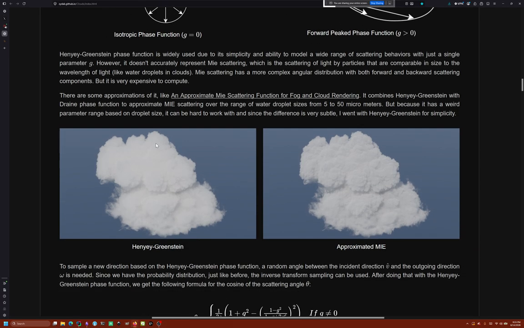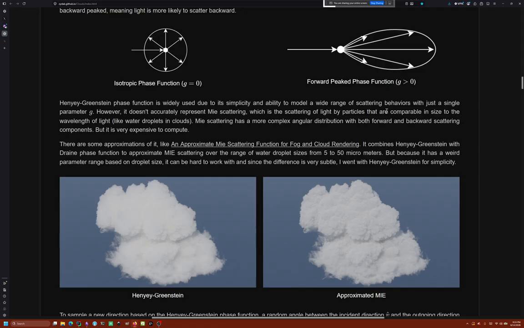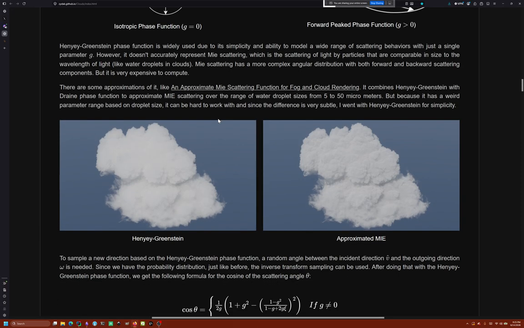The Henyey-Greenstein phase function is widely used due to its simplicity and the ability to model a wide range of scattering behaviors. However, it doesn't accurately represent Mie scattering, which is the scattering of light by particles that are comparable in size to the wavelength of light. So this is something that's behaving like the water droplets in clouds. Mie scattering has a more complex angular distribution with both forward and backward scattering components.